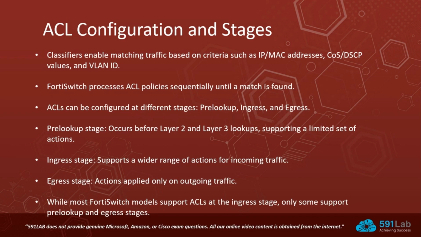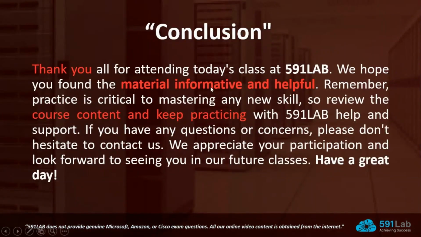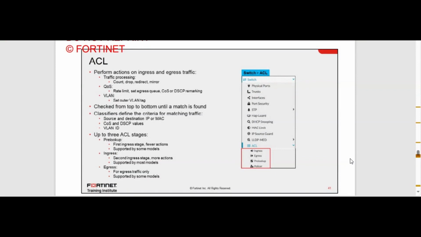There are up to 3 different stages you can configure ACLs, depending on the FortiSwitch model. The stages are pre-lookup stage, ingress stage, egress stage. Pre-lookup is the first stage in the pipeline for the ingress traffic.